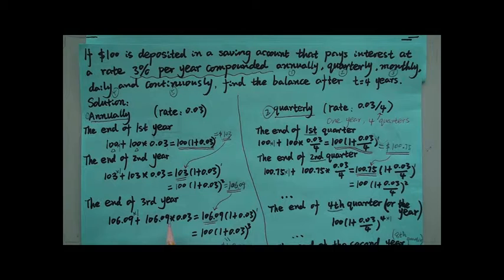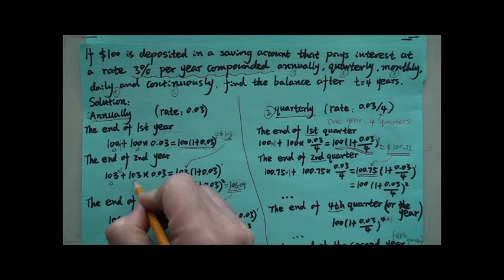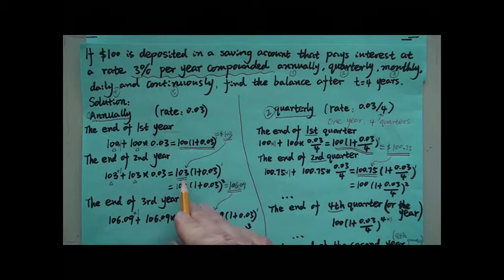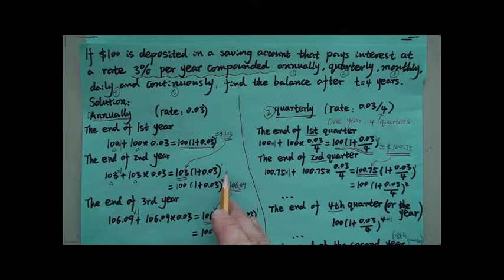Again, here I want to use 1 times 103. You can pull 103 out, so you have 103 times 1 plus 0.03. Here is the important part.